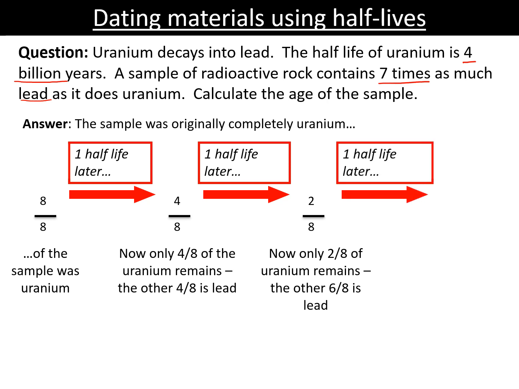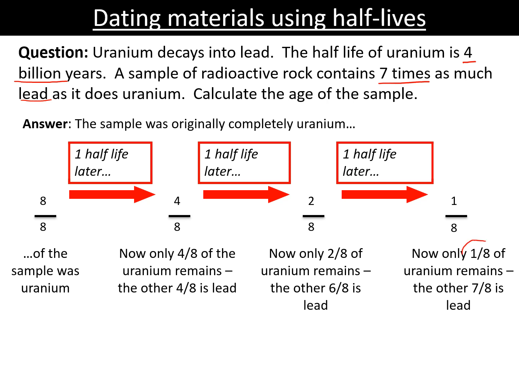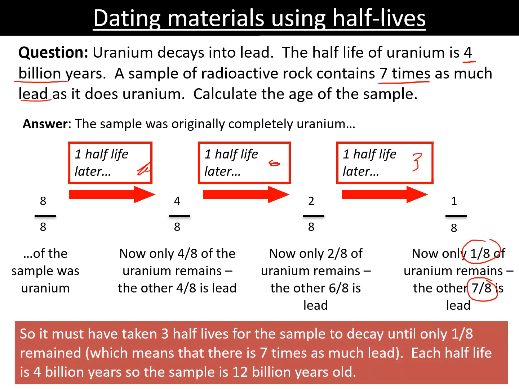And after another half-life, we've got our magic ratio. So 1/8 of uranium remains, or 7/8 is now lead. So how many half-lives was that? That was 1, 2, 3 half-lives. So therefore, 3 half-lives will be 3 times 4 billion years, which is 12 billion years.